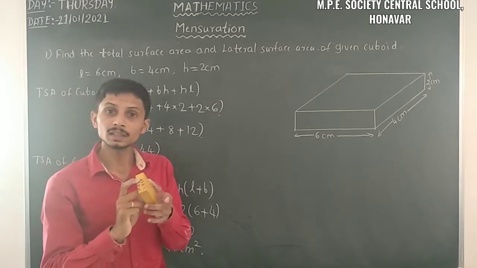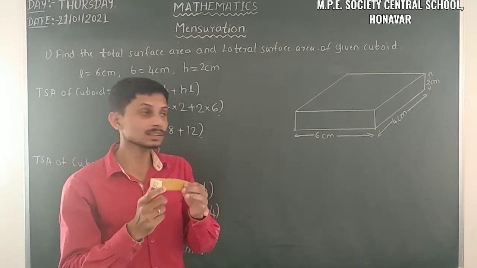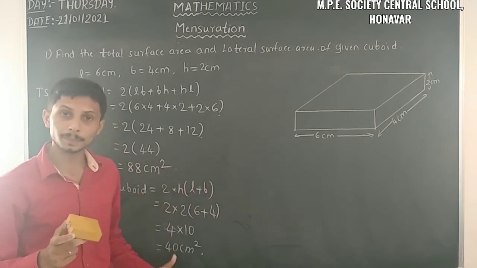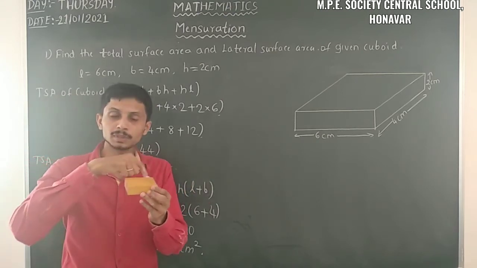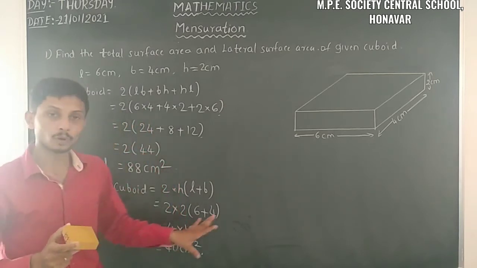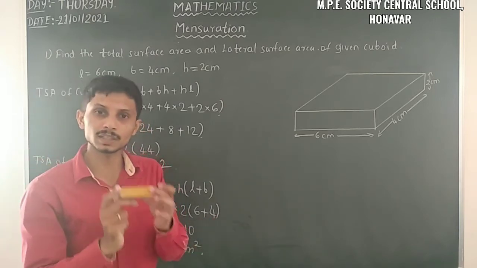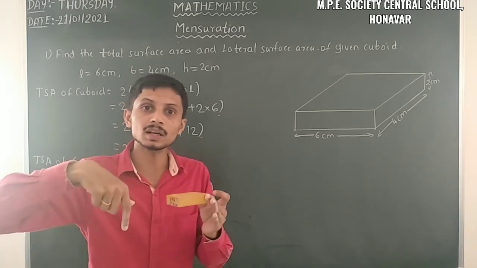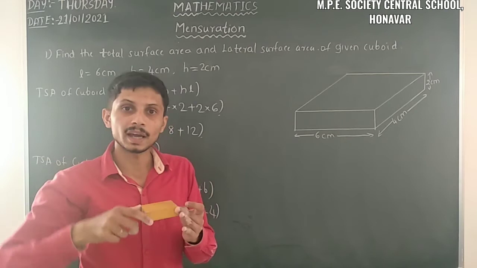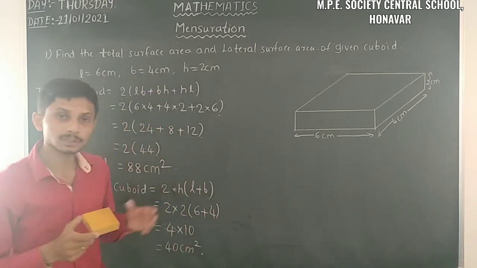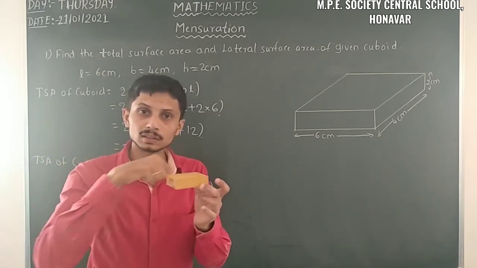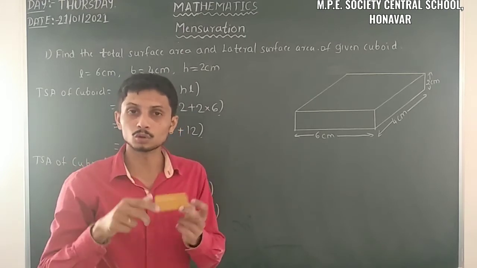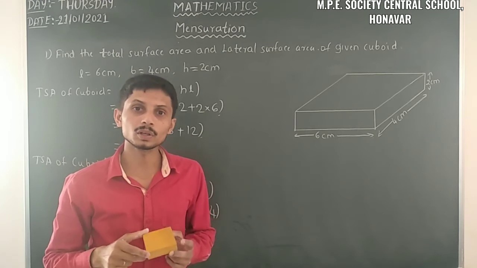So totally in the cuboid we can touch 88 centimeter square of area, and in case of lateral surface area, only the 4 walls, we can touch up to 40 centimeter square. So I hope you understood this thing.